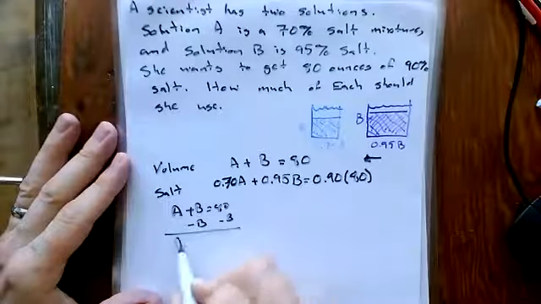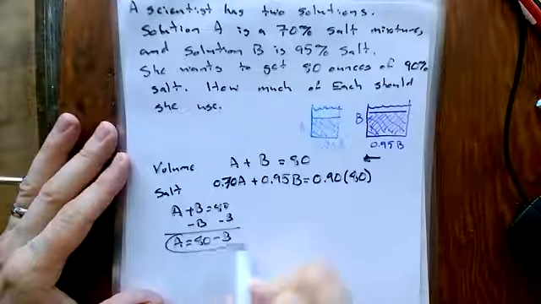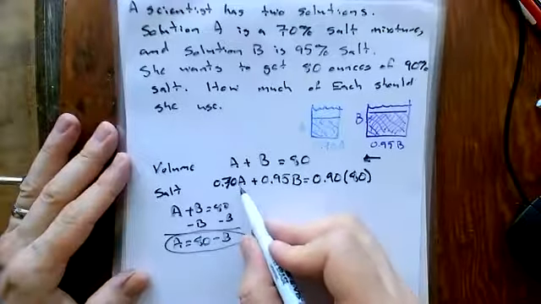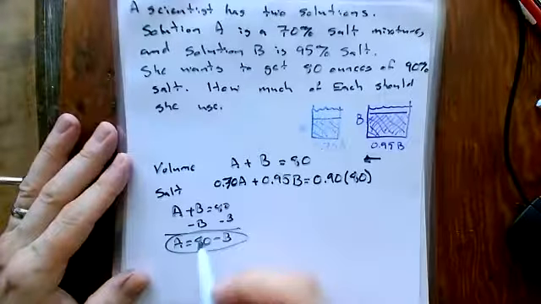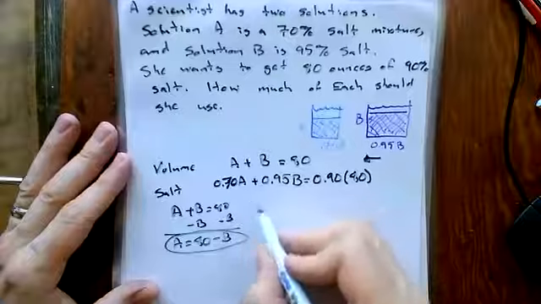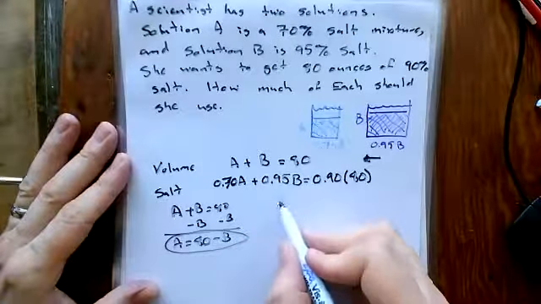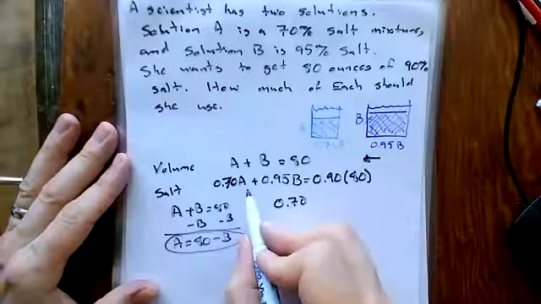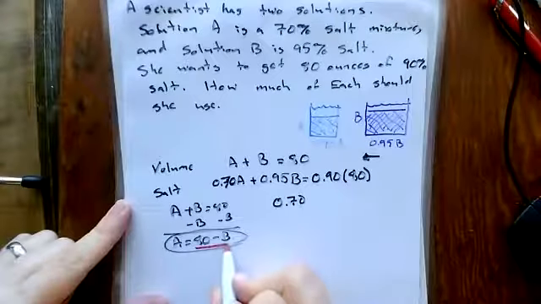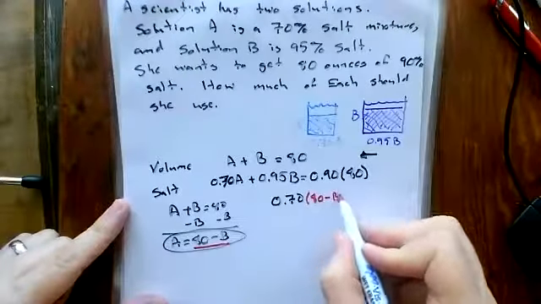I'm going to end up with A is equal to 80 minus B. So now I've got an expression that I can substitute in right here. Things that are equal are interchangeable. So now I'm going to take a look at this equation. I've got my 0.70, but instead of A, I'm substituting in this expression, that 80 minus B.